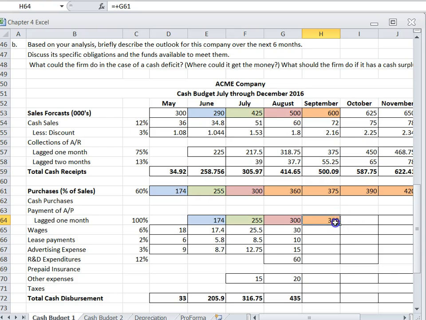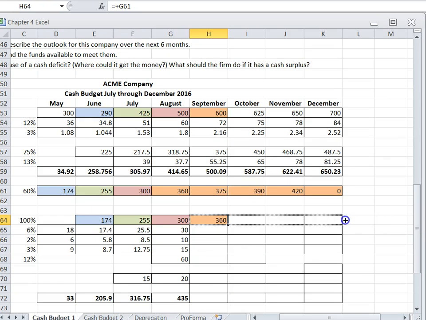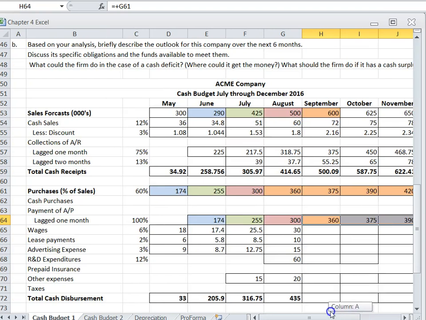Let's move this forward. Okay. So basically, we're just paying a month later. That's all that means in the cash budget. And it says here, lagged 1 month. So payments of accounts payable, lagged 1 month, 100% of the previous month's purchases. So I color coded it so you understand where the money is coming from, and it's just sliding 1 month in advance.